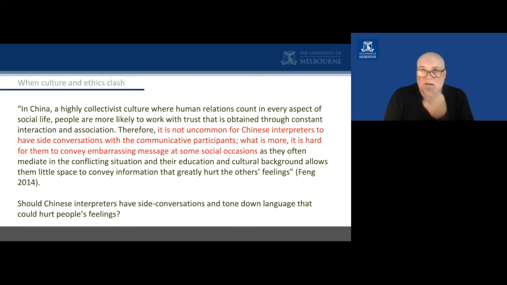The interesting thing is, I think, and I've written about this in COVID, the NAATI Code of Ethics that we saw is written for the courtroom. So when it says don't have side conversations, don't give added explanations and things like that, just say what's in the text, that's good in court to give justice to all and make sure it's fair.